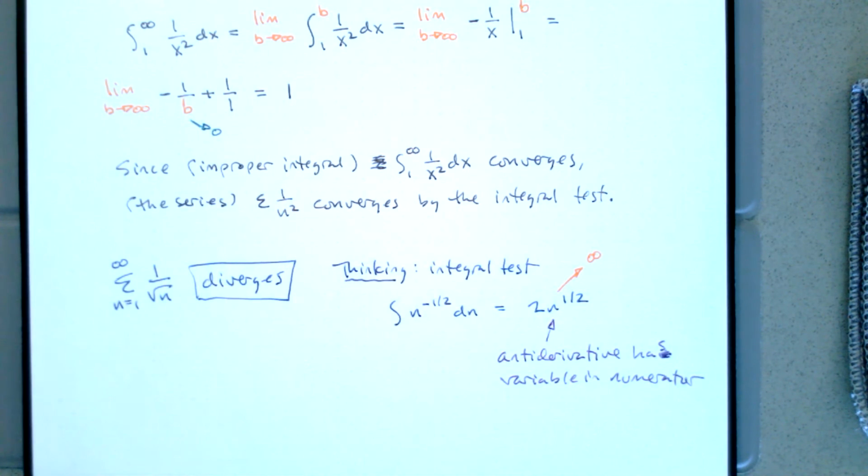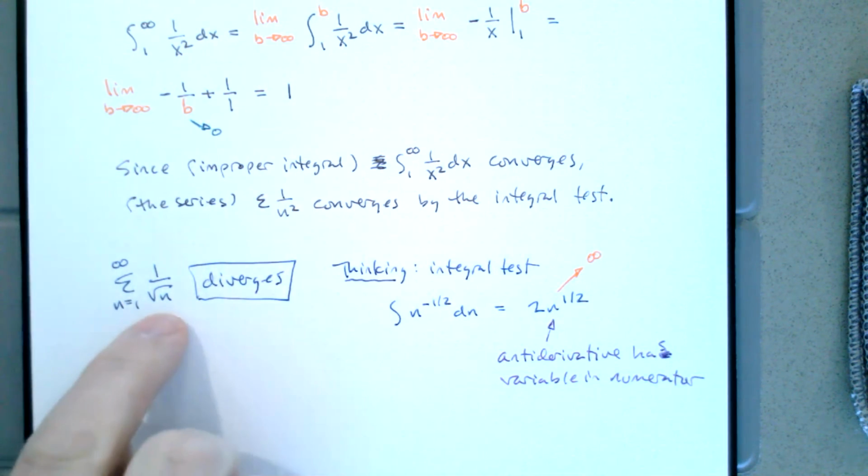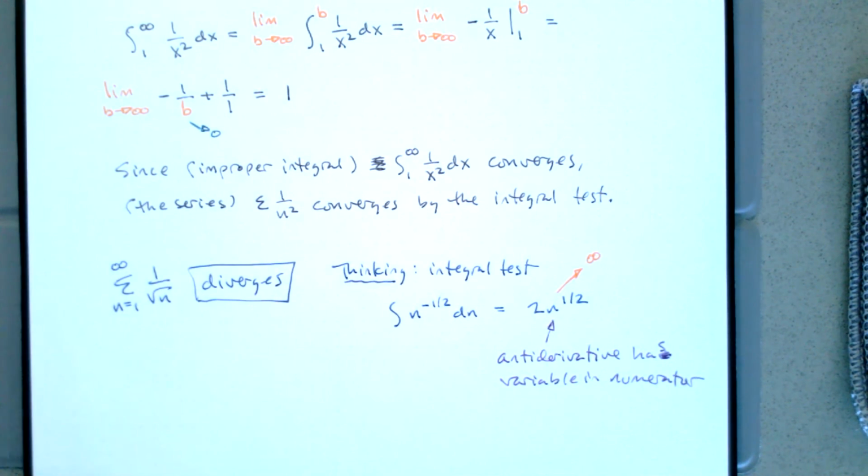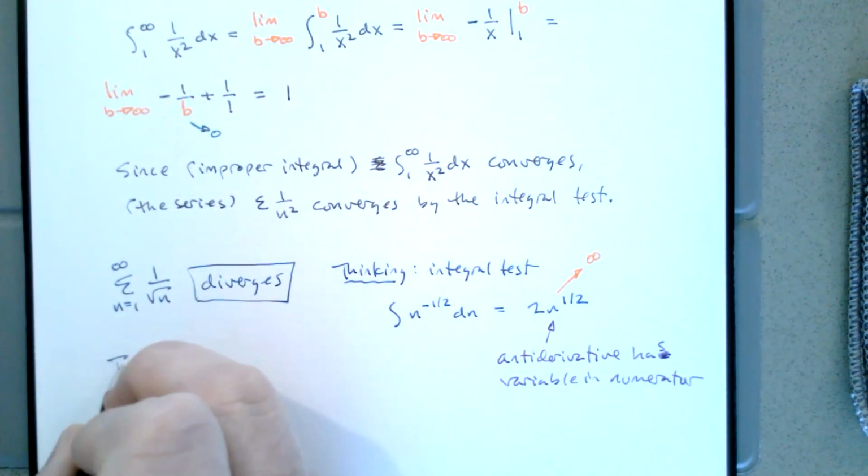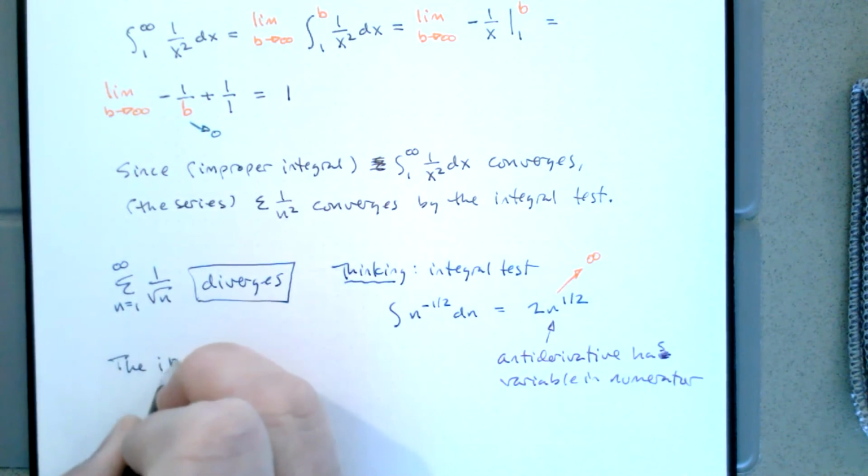So it's very easy to determine if series converge or diverge by looking when they're in this form, when they're rational or radical functions.